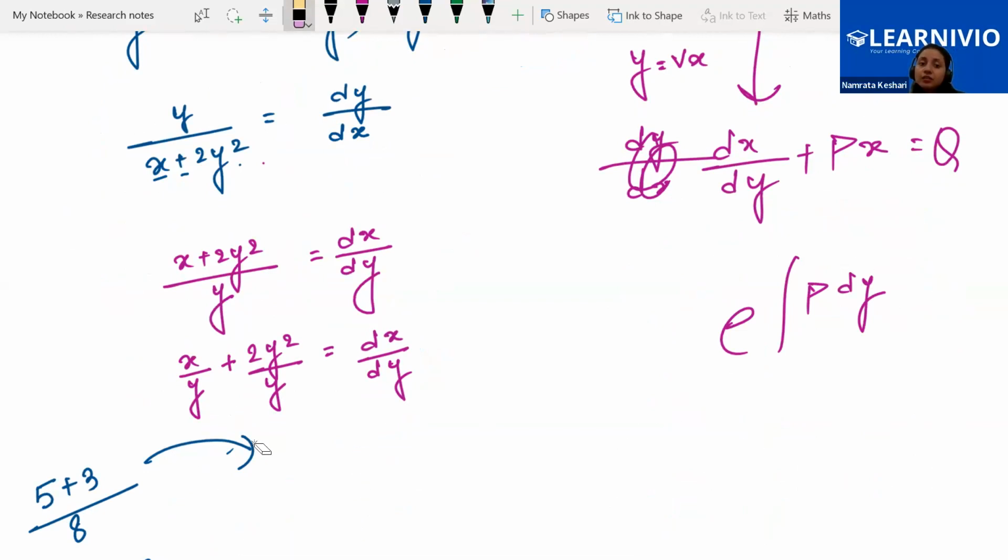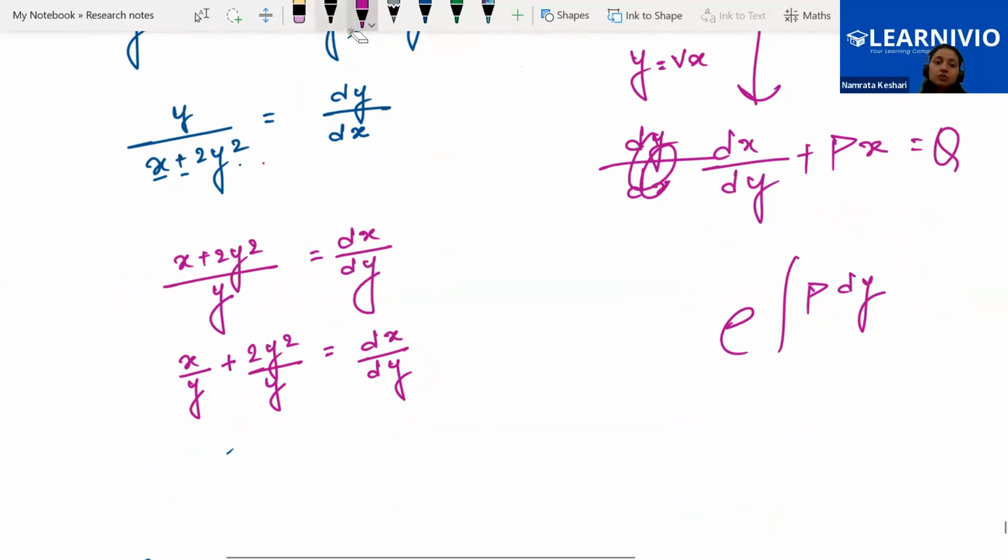Let's check, are we able to arrange it like this, the other form, that is dx by dy? We have dx by dy on the other side. Now Px we are trying to make, so this x by y we can take to this side with a minus sign.